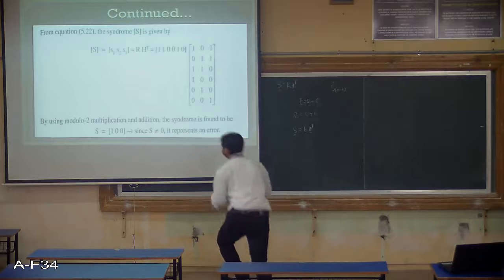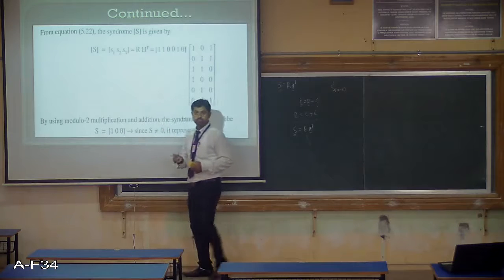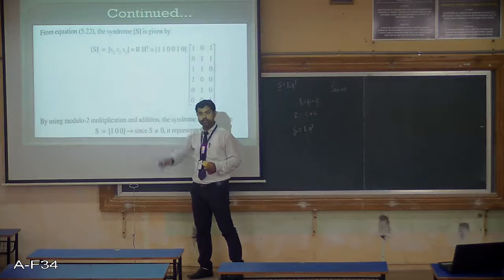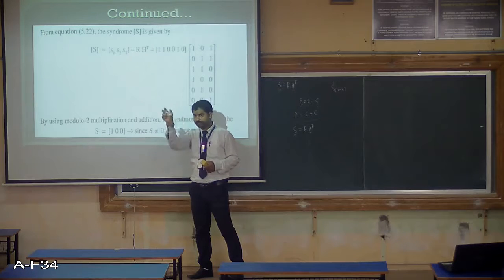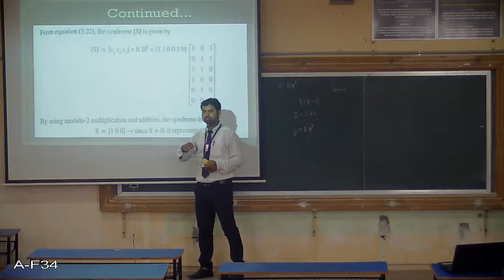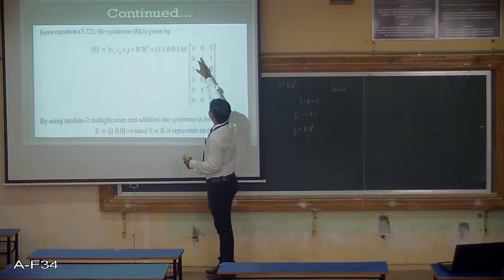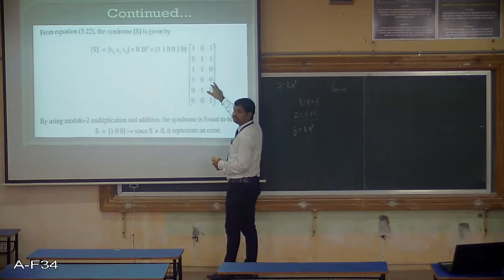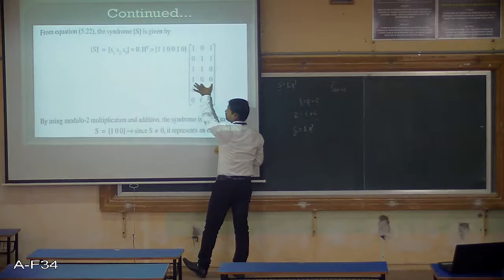Check this pattern 1 0 0. That particular 1 0 0 pattern, you search for it in your H transpose matrix, row by row. 1 0 0. First row is not there, second not, third not, whereas the fourth is here. The same 1 0 0 pattern is present here.